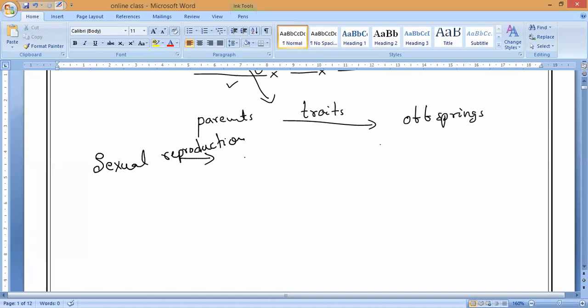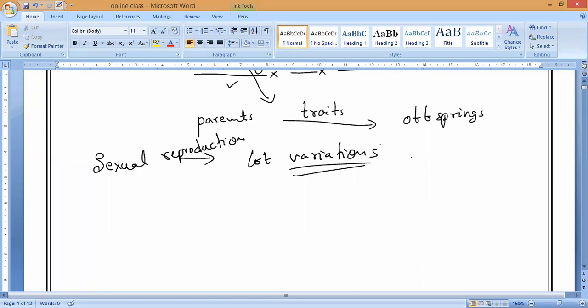That is why a lot of variations come in. They may be similar to the parents, but we observe a lot of variations in them. So the offsprings are never a true copy of the parents in sexual reproduction. They resemble the parents, but not in all respects.